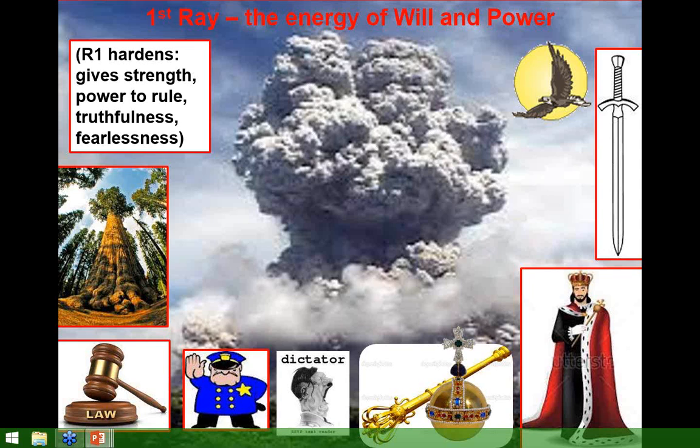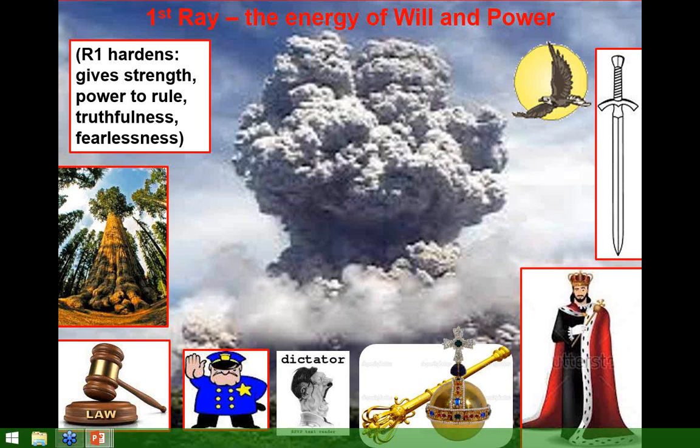All those trees in nature that are very tall and straight have first-ray energy flowing through them. And so that just gives you a little idea about the energy of the first ray. So holding that thought and feeling about that explosive energy as it comes out through an explosion of some sort, we'll go to the next slide, Astrid.